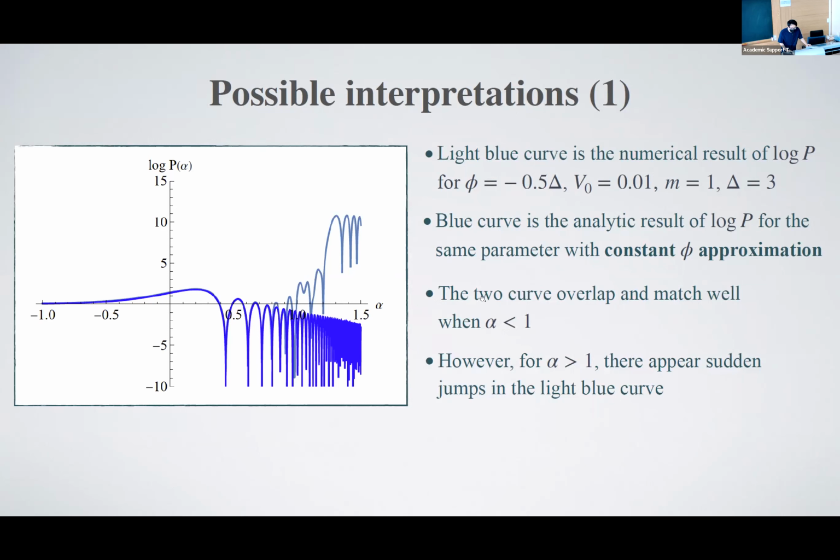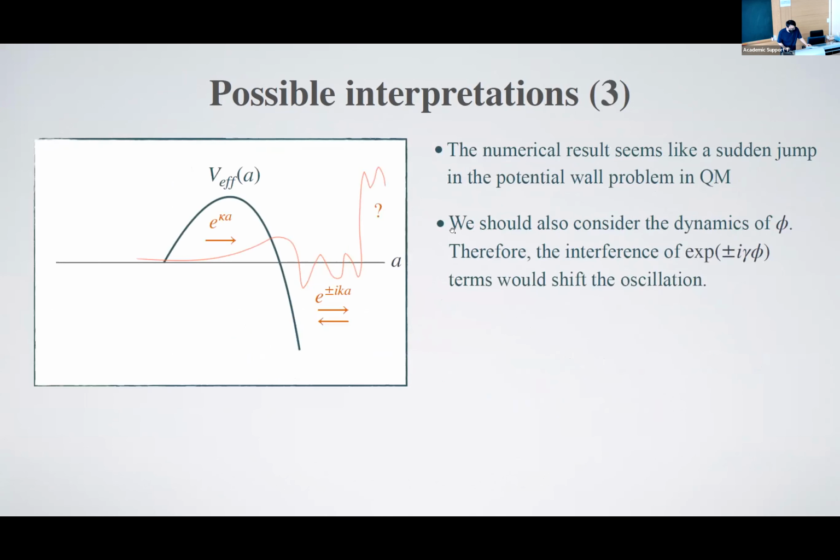You see that the two curves overlap and match well when alpha is smaller than 1. But when alpha is larger than 1, sudden jumps appear in the numerical blue curve. It seems like a sudden jump in the potential well problem in quantum mechanics. Seemingly, there is no special reason for the sudden jump to appear there.